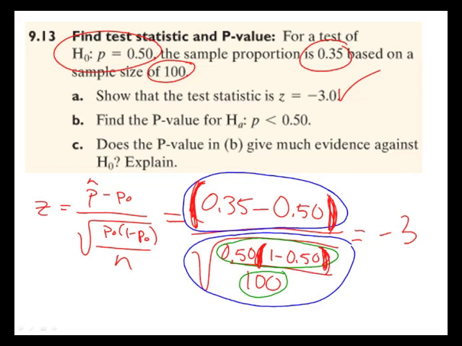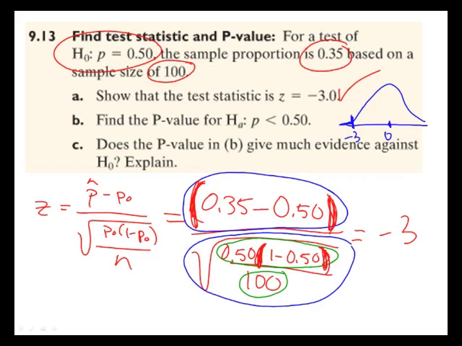Now we want to find what the p-value is. I like to draw a picture for these. Here is 0 in the center. Our z-score is -3. And then how are we going to find the p-value that is less than? Which part are we going to shade?